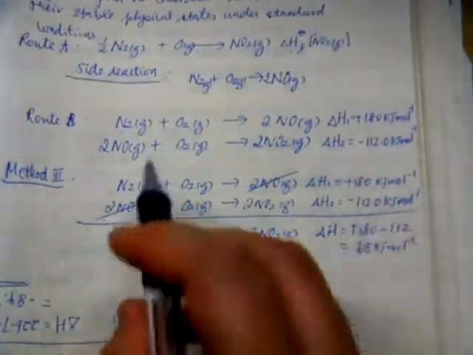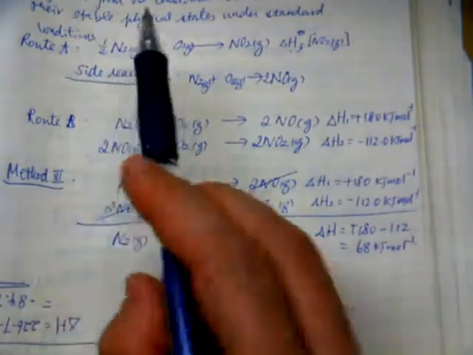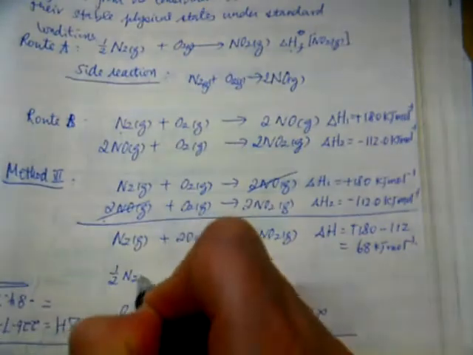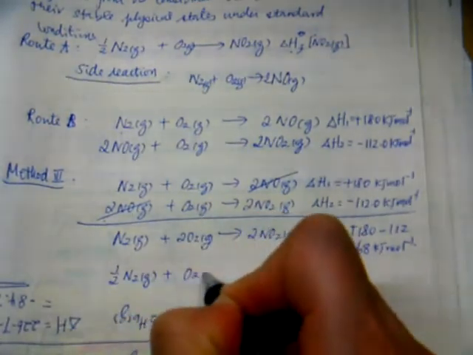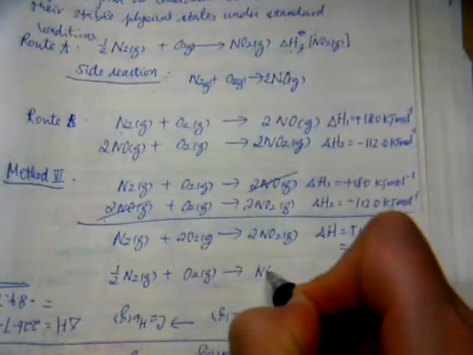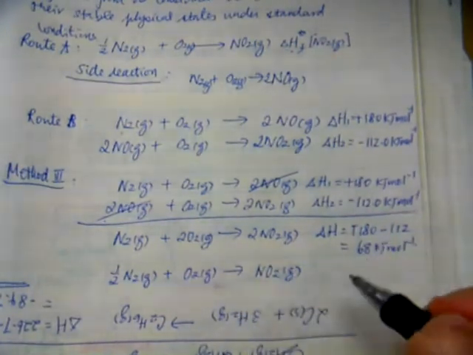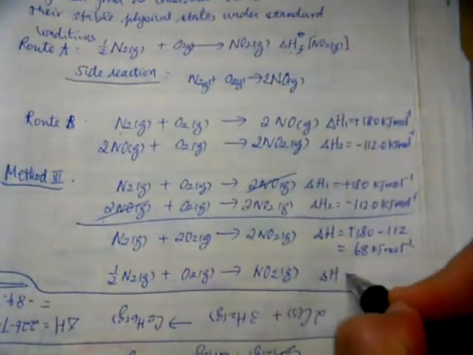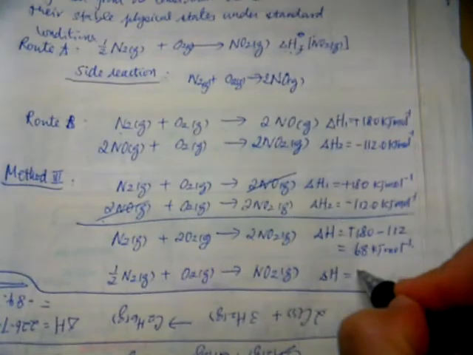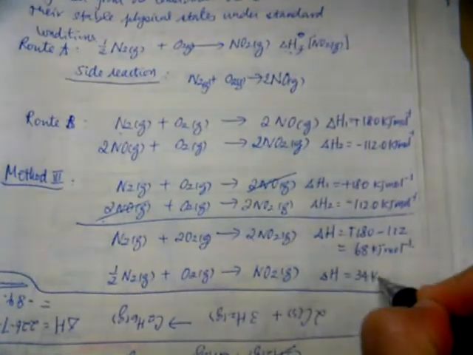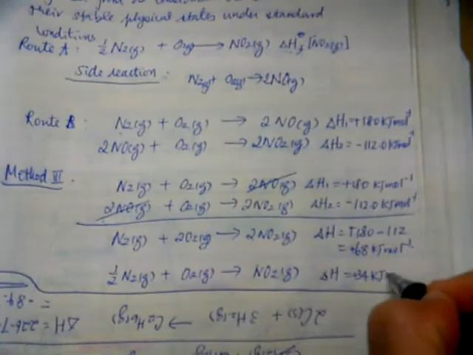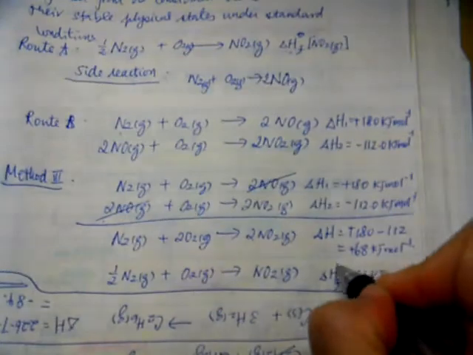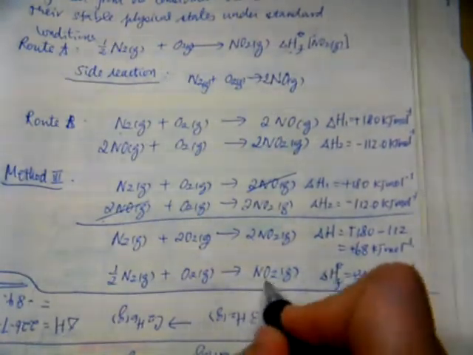And lastly, now look at route A. We need to divide the whole equation by 2. In dividing the equation by 2, you need to divide this enthalpy change by 2, which gives plus 34 kilojoule per mole. And then this is the standard enthalpy change of formation of NO2.